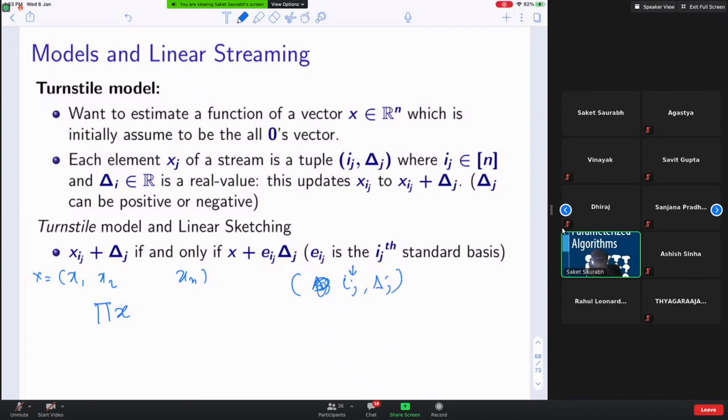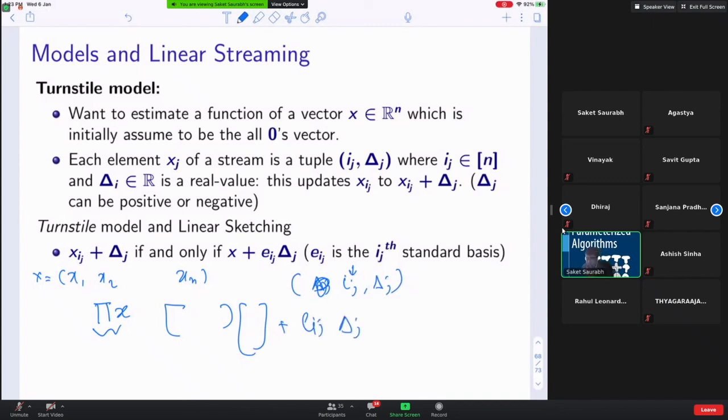So how can I view this as a matrix? Suppose I have Πx already stored. So then I can think of this as Πx, this is the matrix, and this is my change, which is Π times e_ij delta j.